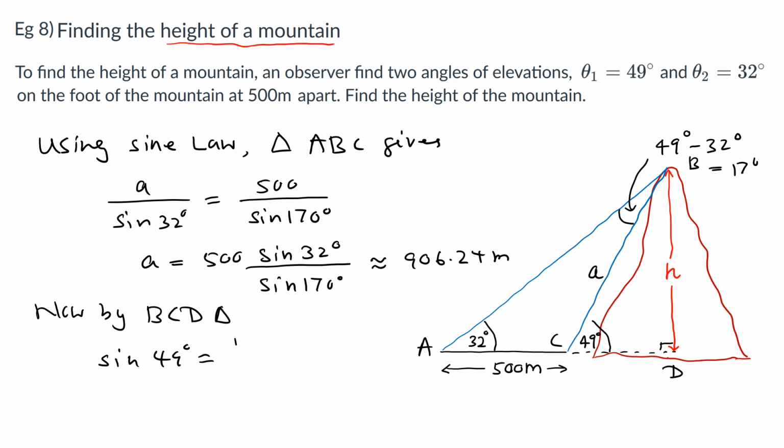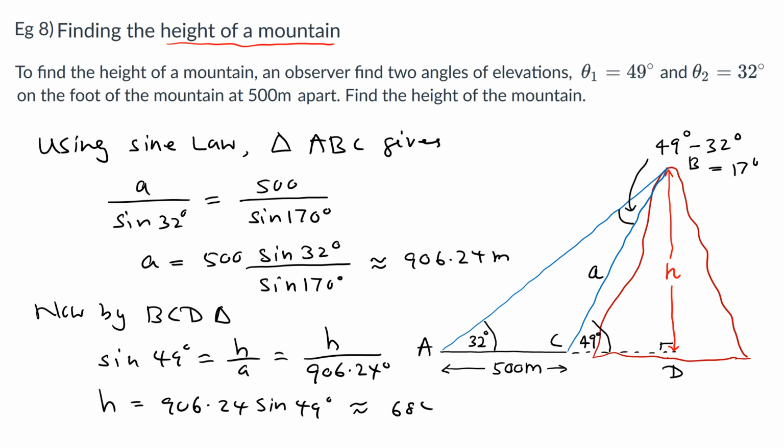Sine 49 equals H over A. H we don't know, but A we know, so it is 906.24, and solving for H, H equals 906.24 times sine 49, which on a calculator gives 684.0 meters. So that's how you can use the sine law, and you can see that this is much quicker than how we did earlier, because that calculation was a little bit difficult. This is the end of the law of sine lecture.